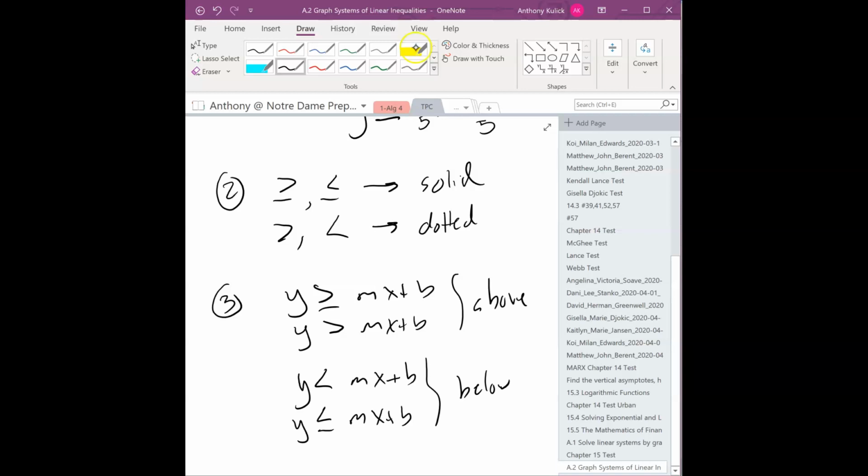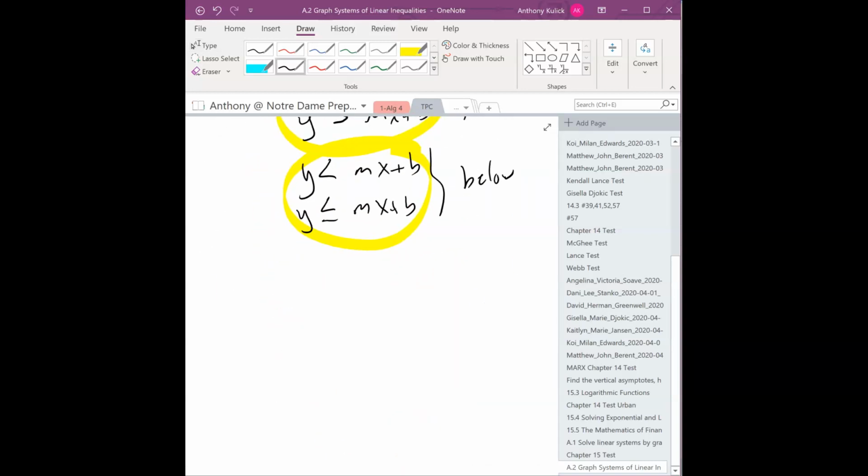So when we're deciding which direction we're shading, we have to be in slope-intercept form. If it's not in slope-intercept form, we cannot just look at the inequality symbol to decide whether you're shading above or below. So since we're going to put it into slope-intercept form anyways, that makes life much, much easier to just think about it that way.